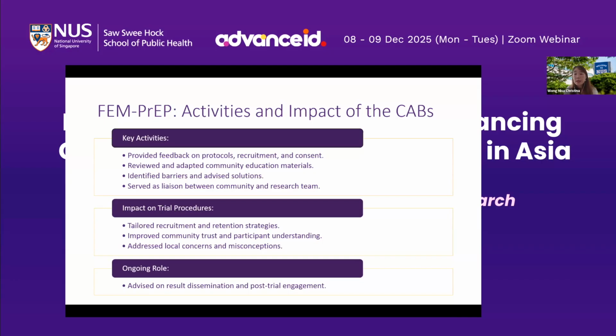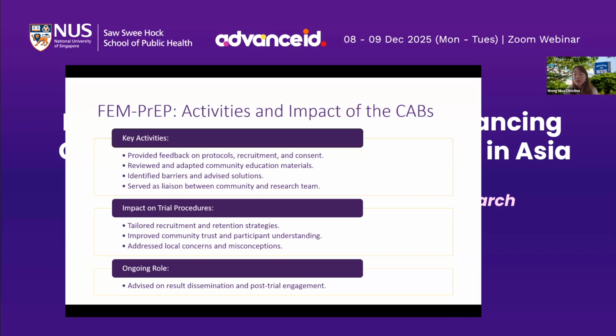And the input from CABs directly influenced important trial procedures, especially around recruitment and retention strategies, making them more effective and culturally sensitive. The CABs also played a key part in addressing rumors or ethical concerns, helping to build trust and understanding even after the trial.